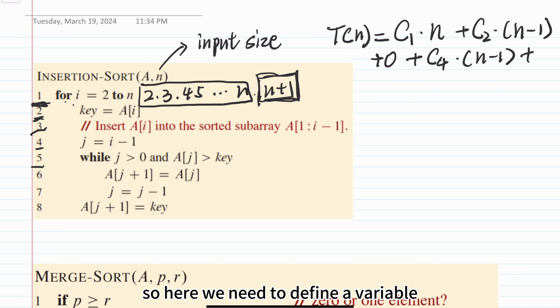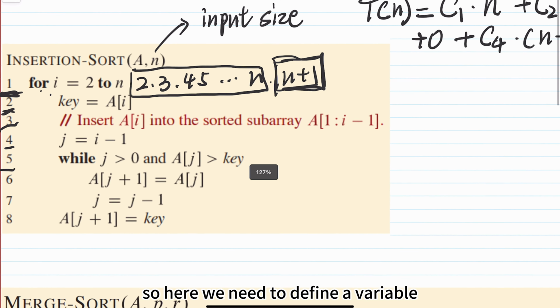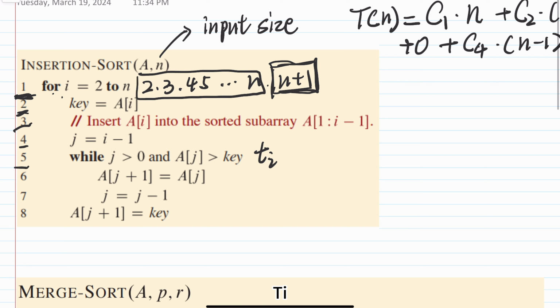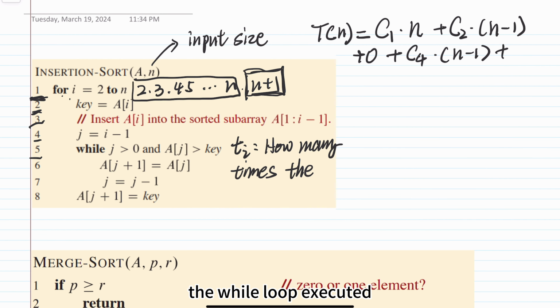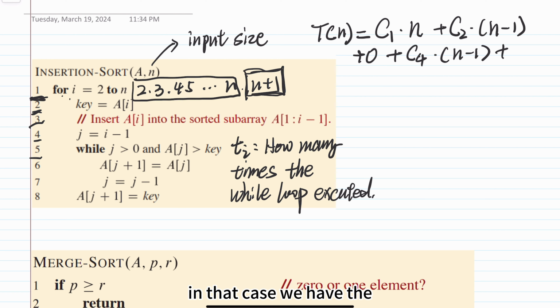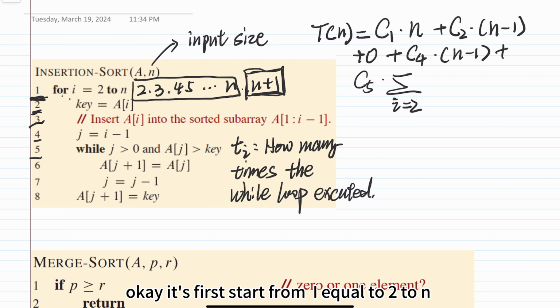So here we need to define a variable called t_i, which tells us how many times the while loop is executed. Then we have the constant time of the while loop multiplied by the summation of the times the while loop is executed, starting from i equal to 2 to n.